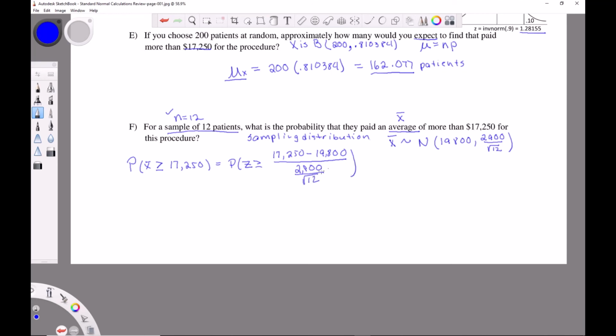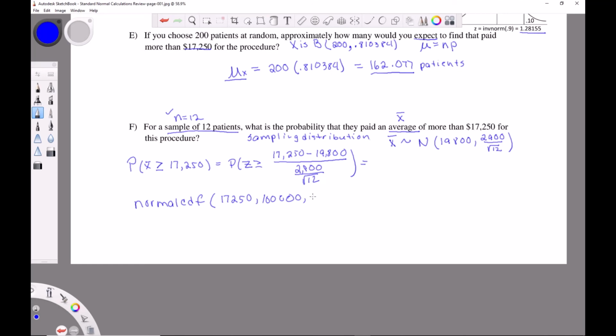All right? And now that we've done all of that, we've defined the random variable, we've shown the standardizing, we can just go ahead and do normal CDF. And this will be 17,250 up to whatever, 100,000, something big.